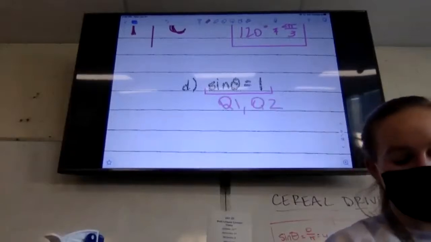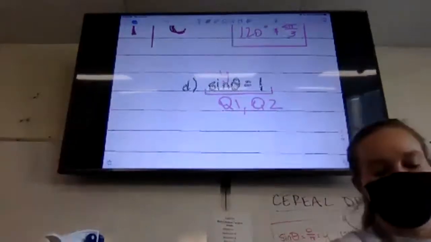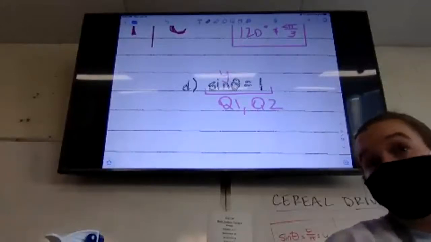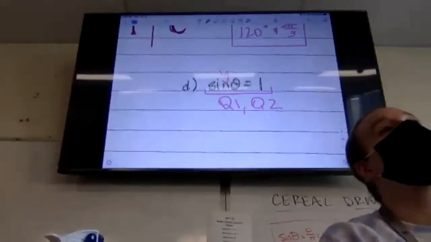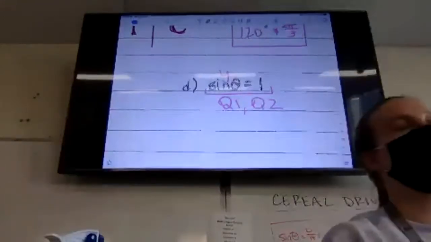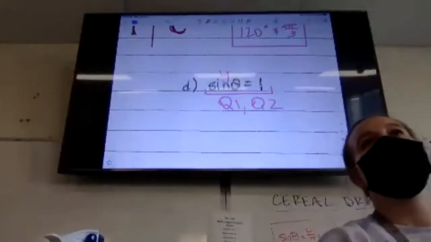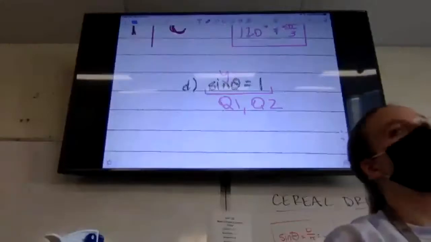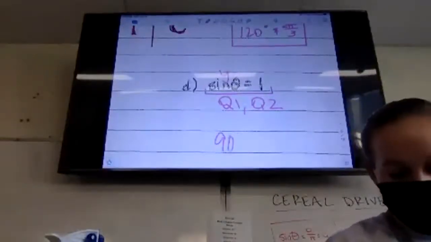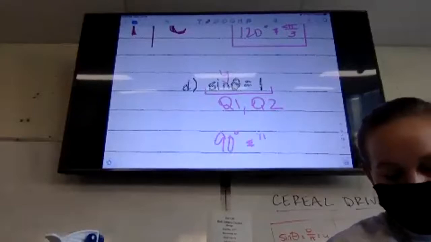And sine we know is y because we just walked through that. So where in quadrants 1 and 2 is my sine 1? What'd you say, Will? 90 degrees. The only place it's 1 is at 90 degrees.